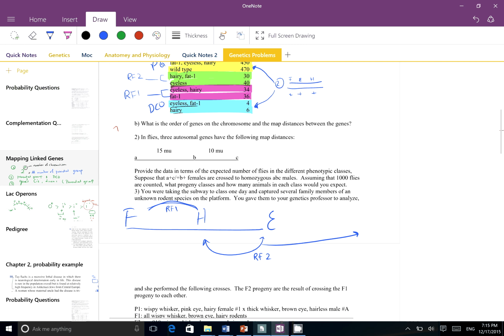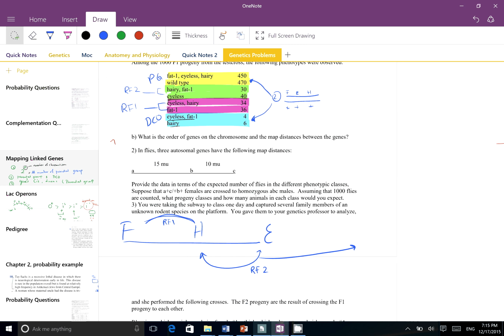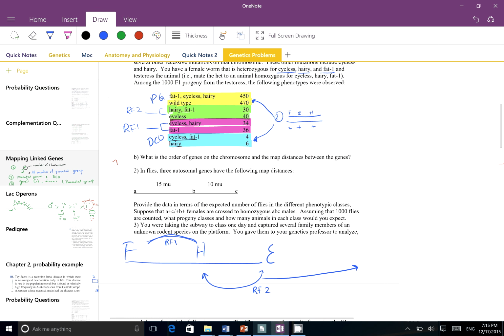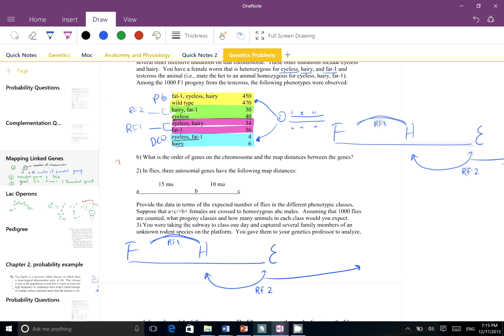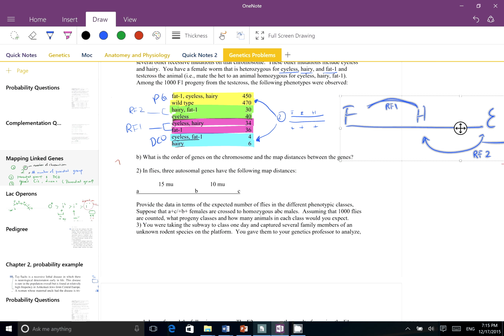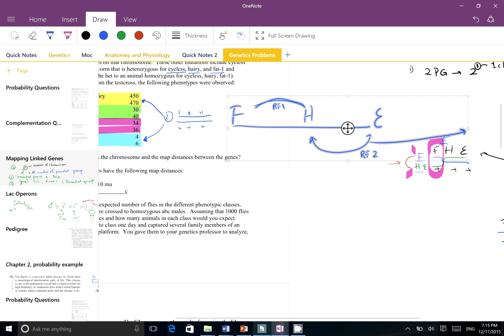Anyways, so I'm trying to find the distance for this one. Let me rewrite it here. Actually, let me cut it out. So I'm trying to find the distance.